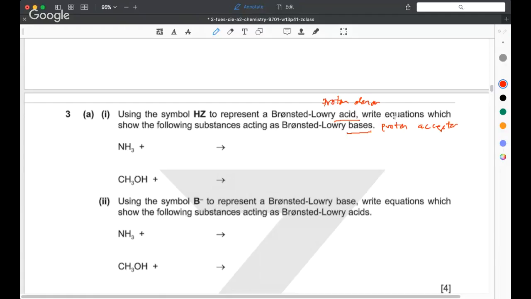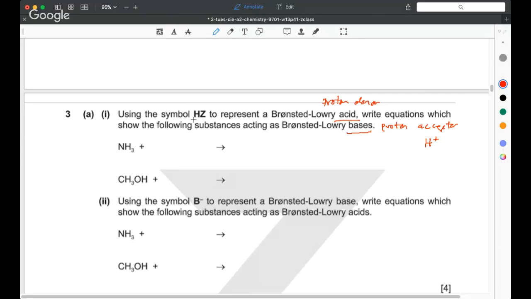We're saying a proton here, but a proton, of course, is just a hydrogen atom with its single electron removed. In the Bronsted and Lowry definitions, it might be easier to think of this rather than a proton donor or proton acceptor, as a hydrogen ion donor, or a hydrogen ion acceptor. Same thing, just in a slightly different language.